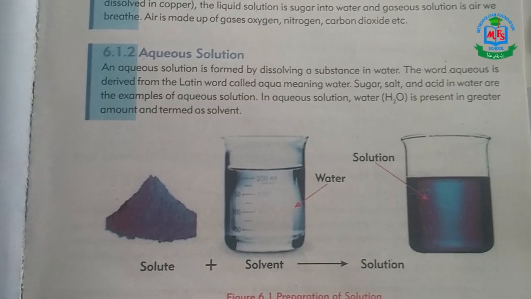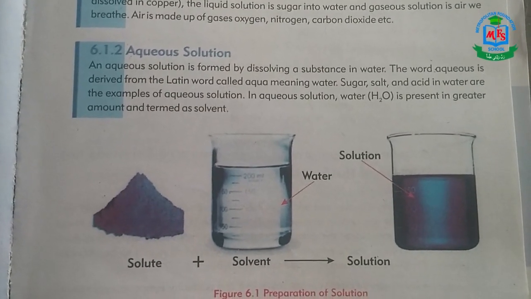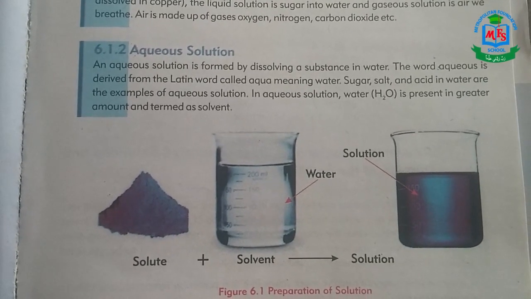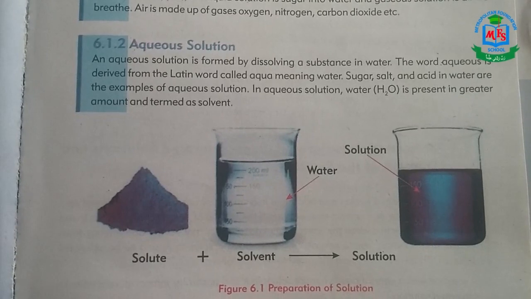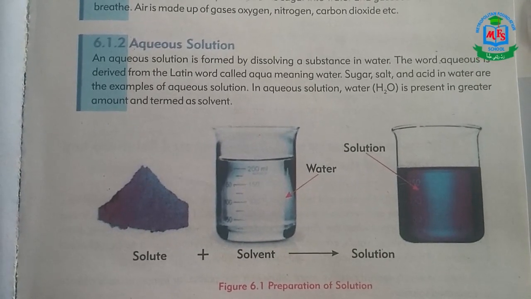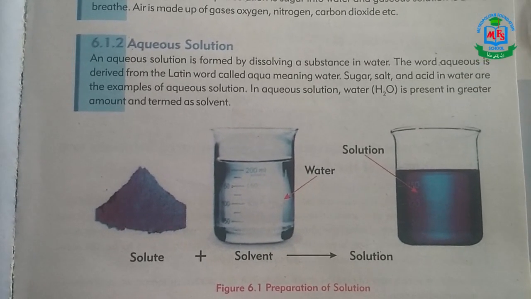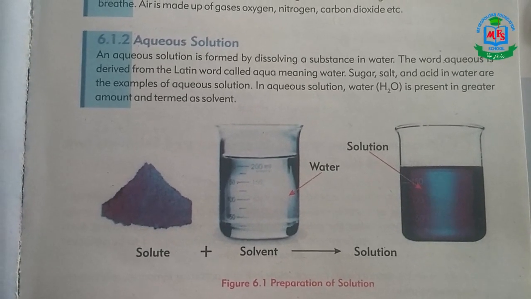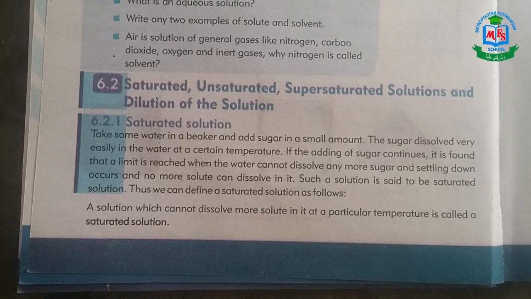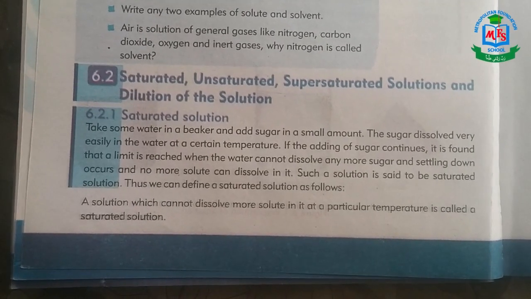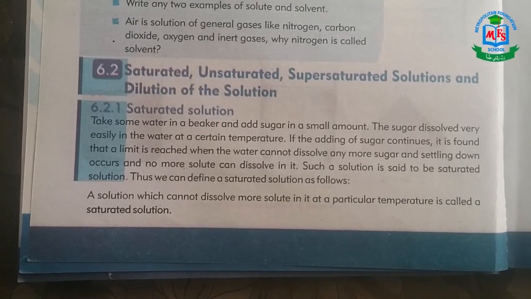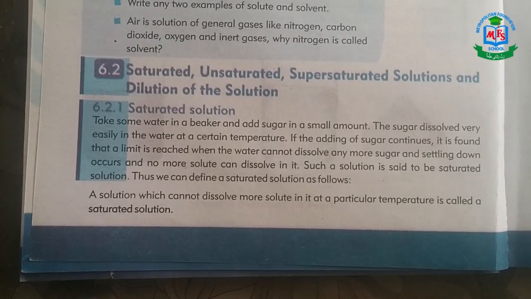Because in this solution water is present as a solvent and we dissolve salt in this water, that's why this solution is called aqueous solution. Now we discuss different types of solution, that is saturated solution, unsaturated solution and supersaturated solution.